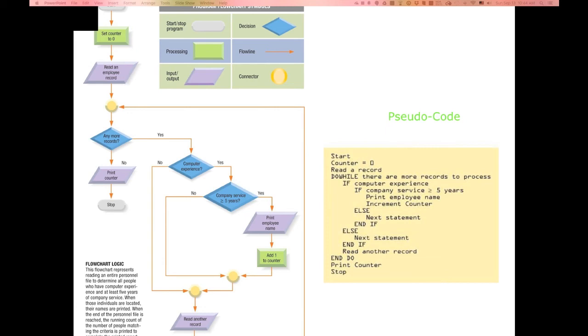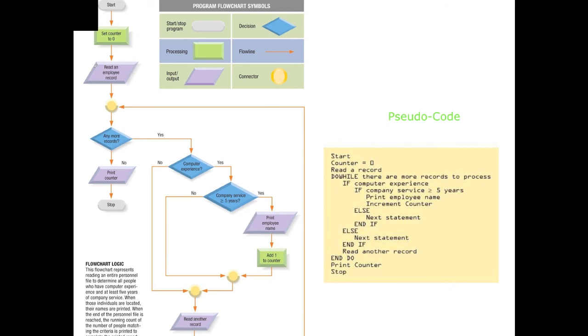If you read this program, it has a start, then it has a process called set counter to 0, because we want to count how many people have computer experience as well as at least 5 years working experience in the organization. Let me get the pen.